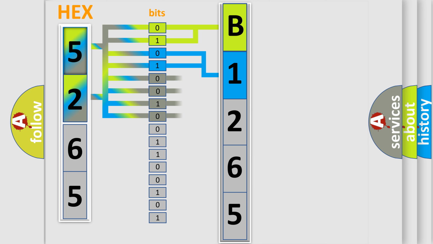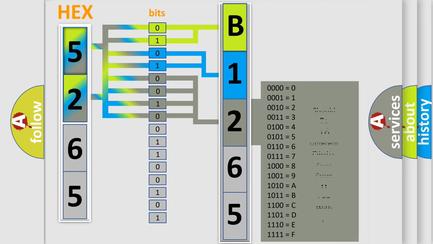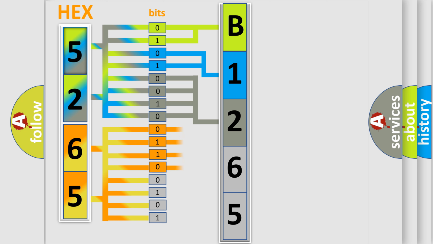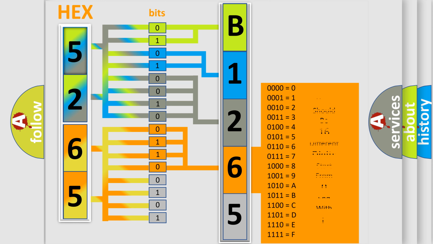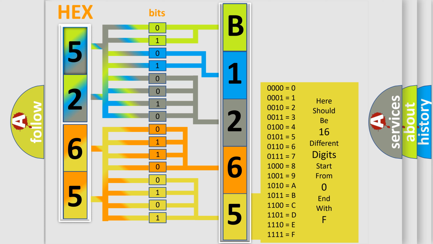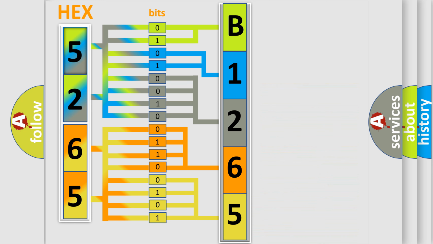The last bits of the first byte define the third character of the code. The second byte is composed of a combination of 8 bits. The first 4 bits determine the fourth character of the code, and the combination of the last 4 bits defines the fifth character. A single byte conceals 256 possible combinations.